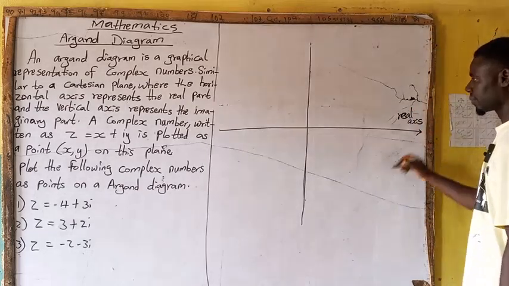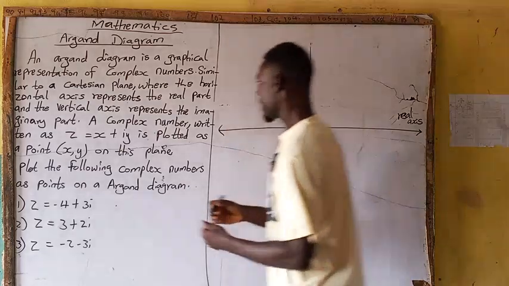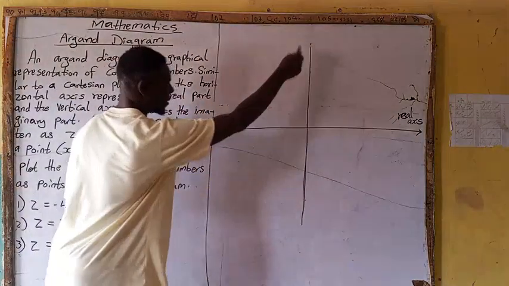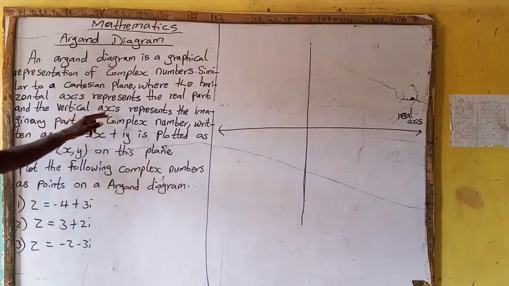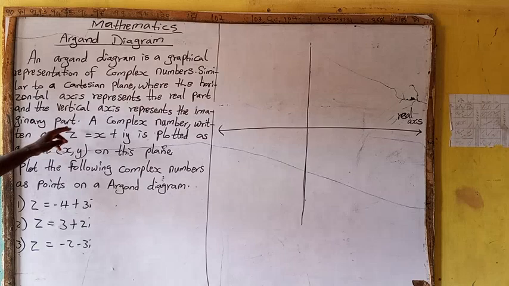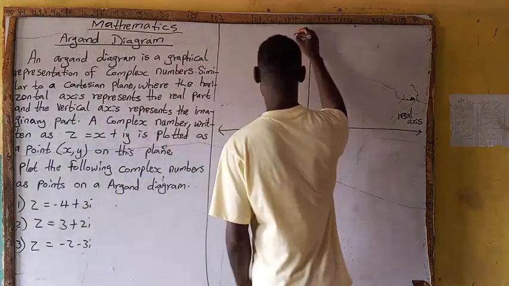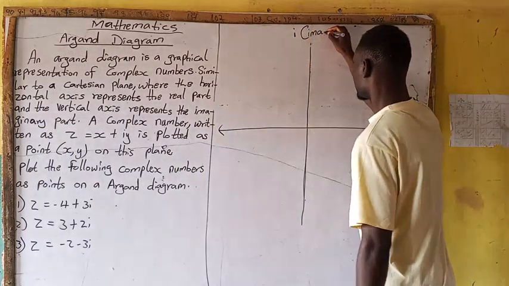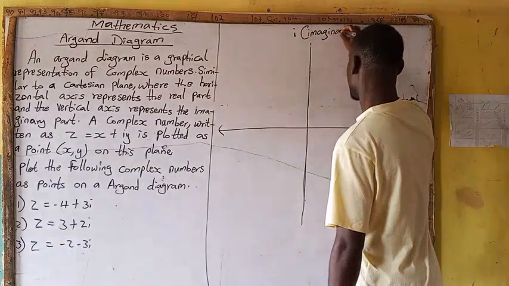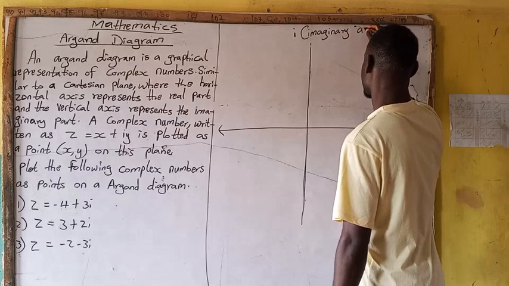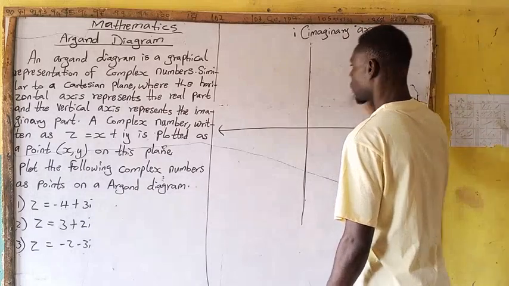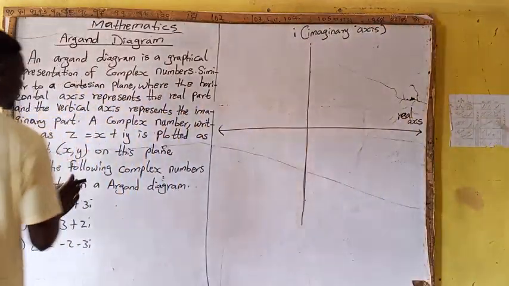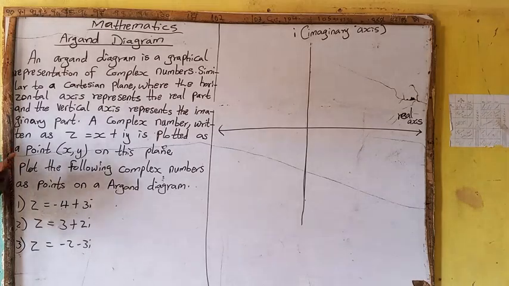And the vertical, this straight line, the vertical axis represents the imaginary part, which is your i, meaning the imaginary axis. Now, when we talk about real, just like your normal numbers.